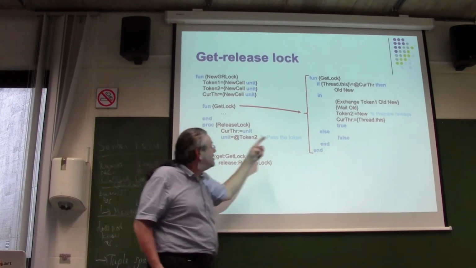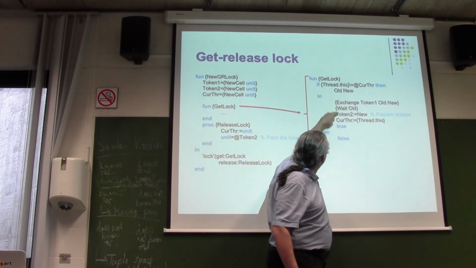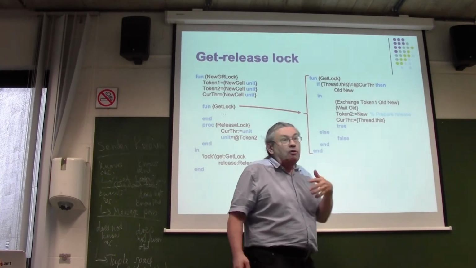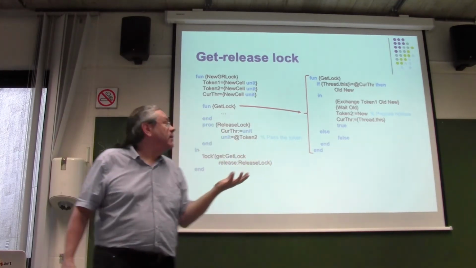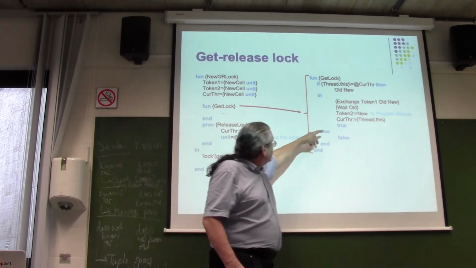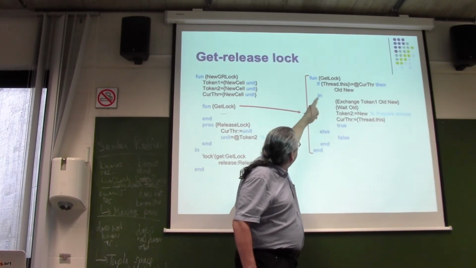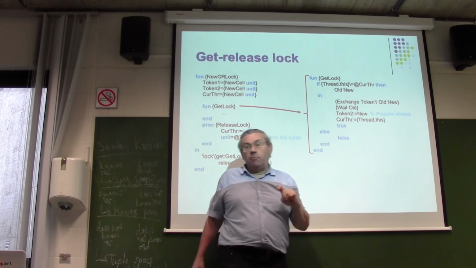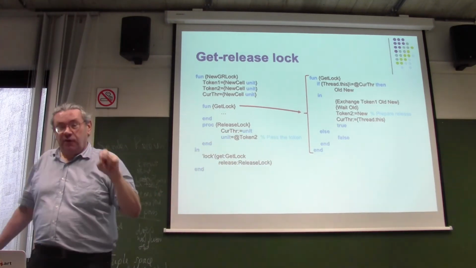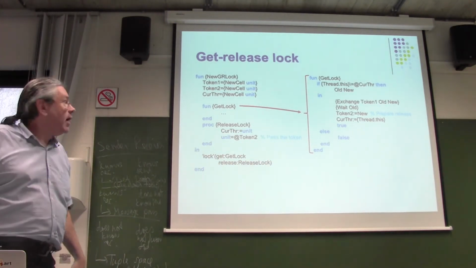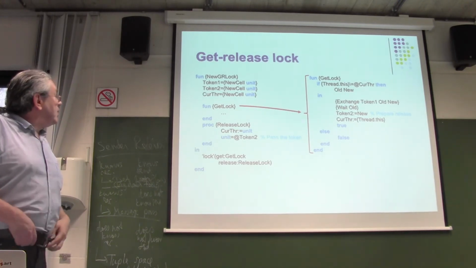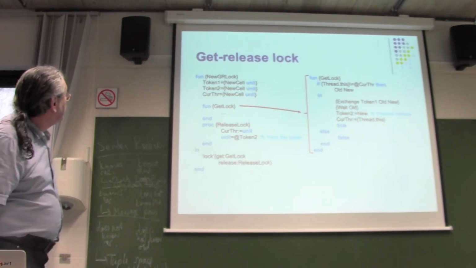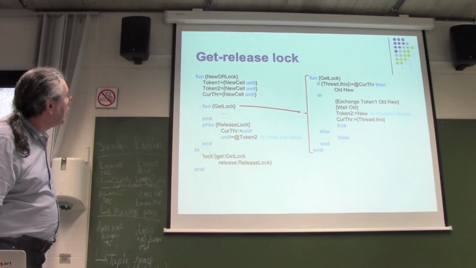I only have to do release if I did this, okay? If I'm already in, then going out, I don't have to do anything. So to make the distinction, this get lock is going to be a Boolean function returning true or false, depending on whether it actually did work for getting in or not, okay? So that's the get release lock. You see, it's a little bit more complicated than the regular reentrant lock.